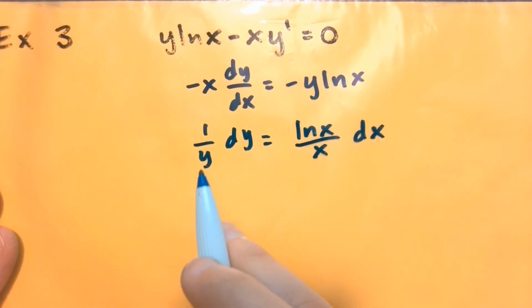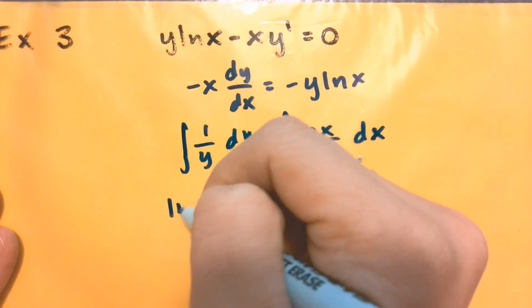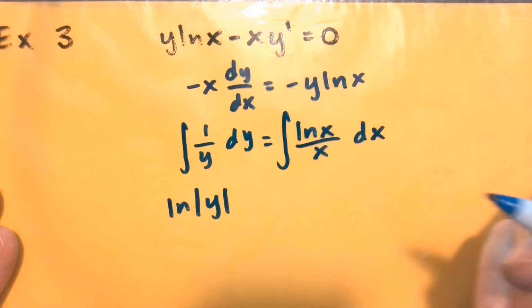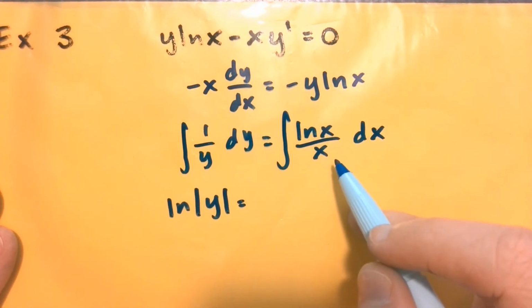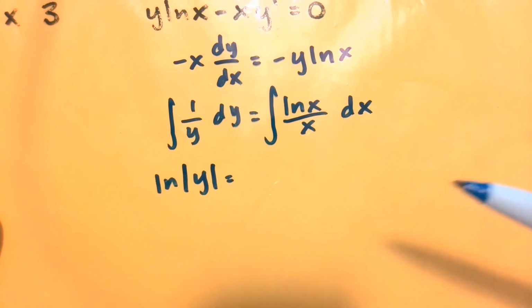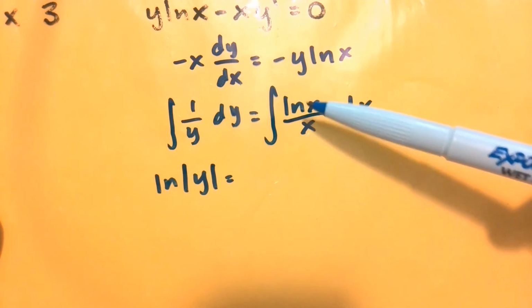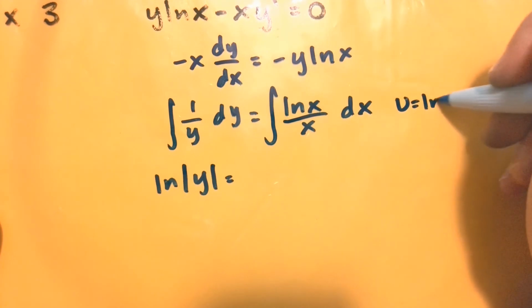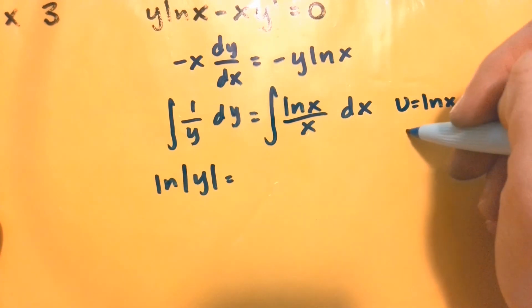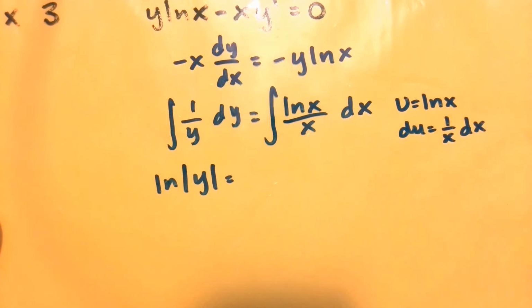Okay, so my integral of the left is that natural log of absolute value of y. On the right, I need some u substitution. You might notice that you actually do have something and its derivative here. Remember that the derivative of the natural log of x is 1 over x. So if I make u my natural log of x, then that makes du 1 over x dx.